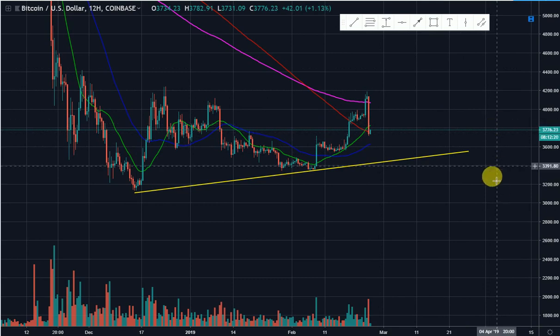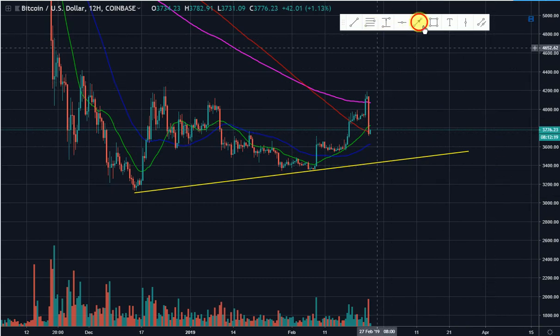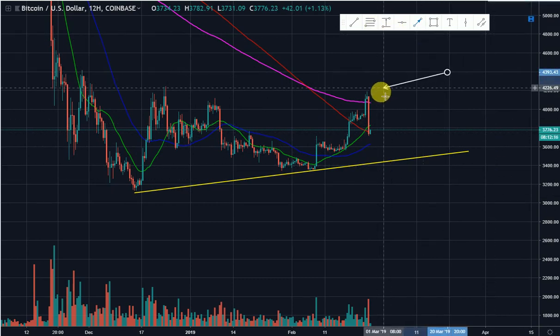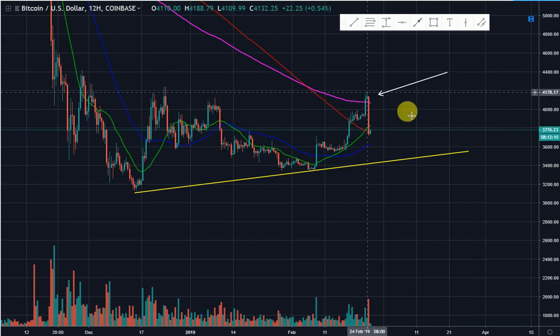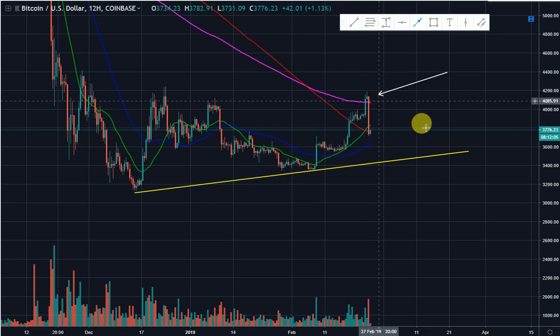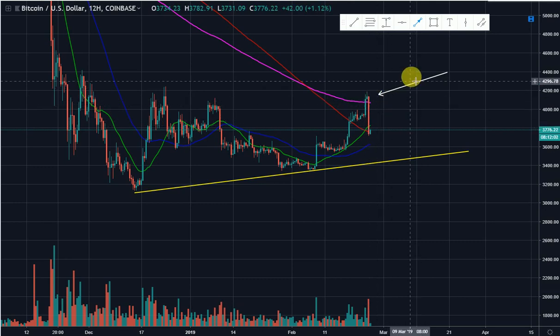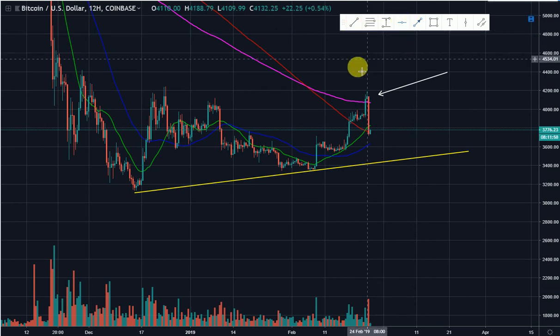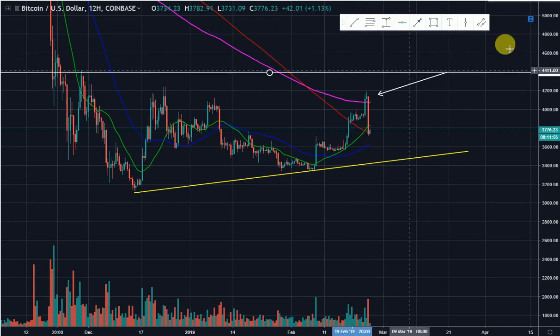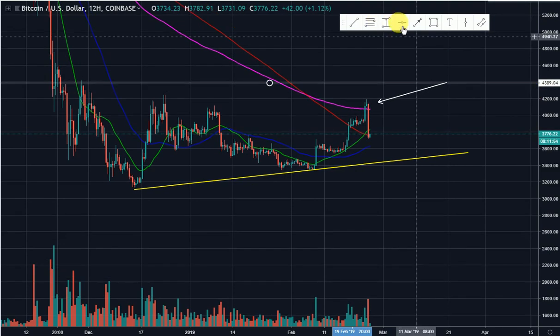Now, what I will say is, if this is the top, this is a sign of a very weak move to the upside, and this tells me if this is the top over the next 3 months. Now, I don't think it is. I think we can go higher again. I know you guys know, but my first target is here at 4,400, and my second target is up here.